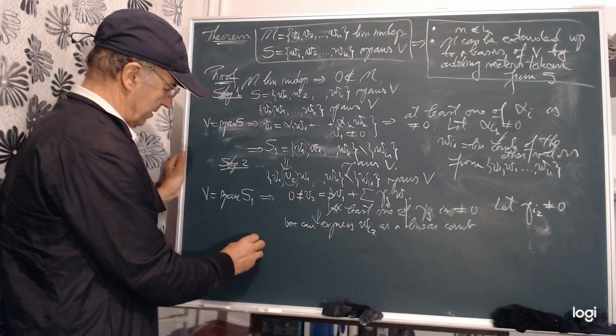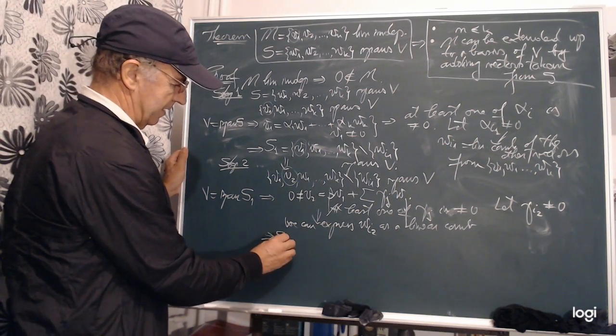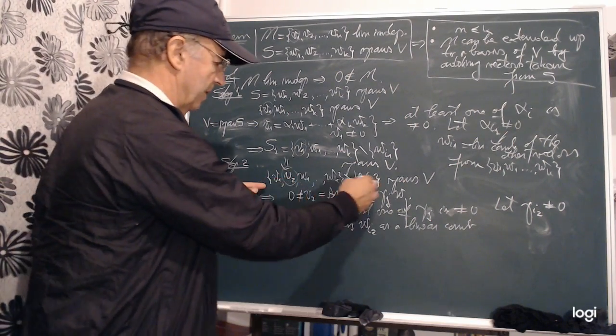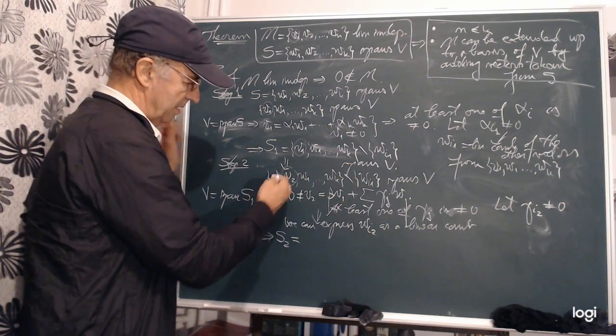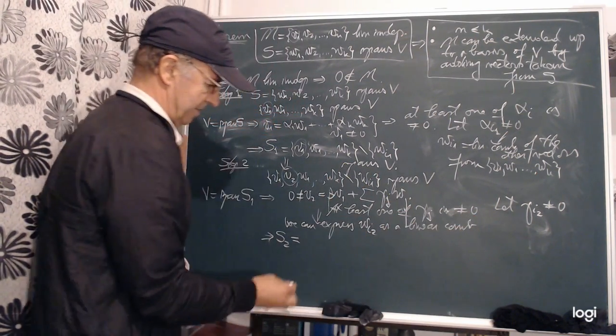We get that, let us denote by S2, the system of vectors obtained from this one by eliminating this.